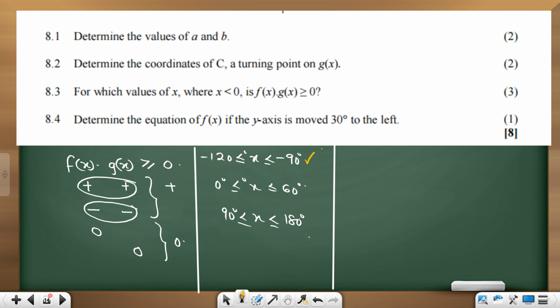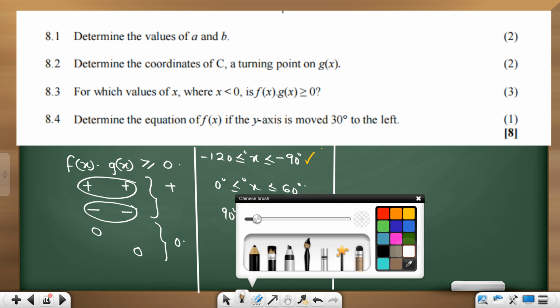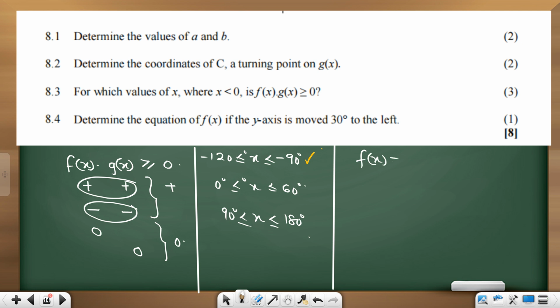All right. Determine the graph equation of f of x if the y-axis moves 30 units to the left. We want f of x, right? What is f of x again? Sine 2x. Now, if the y-axis moves 30 degrees to the left, what does that mean?